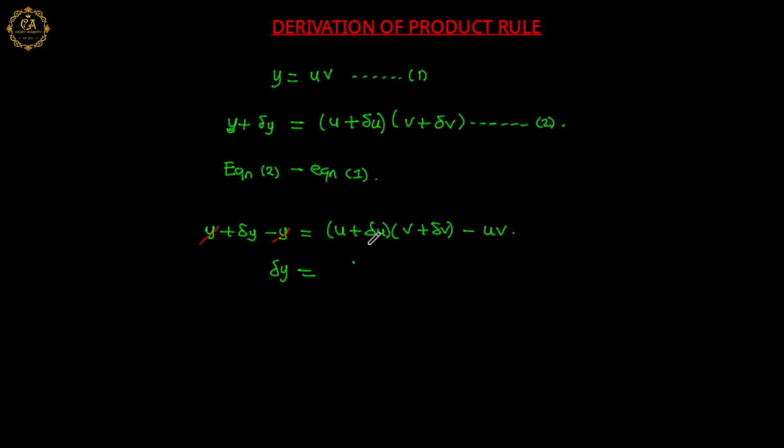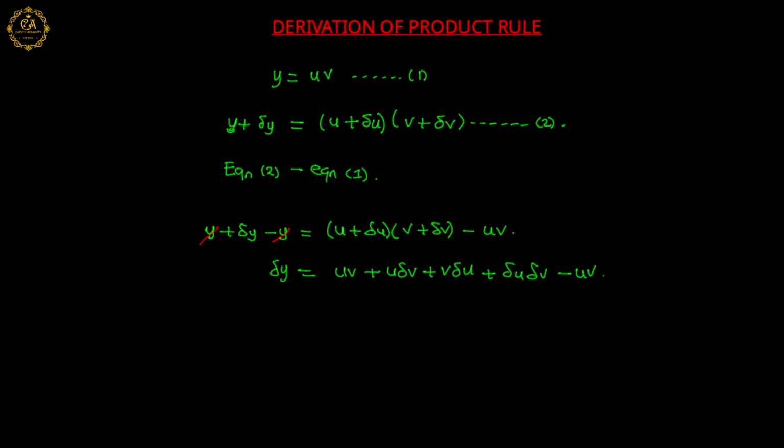From the right hand side, we can expand this by multiplying through. u times v, we get uv. Then u times delta v, we get u delta v. Next, delta u times v, we can write this as v delta u. Then delta u times delta v, we get delta u delta v, then minus our uv.